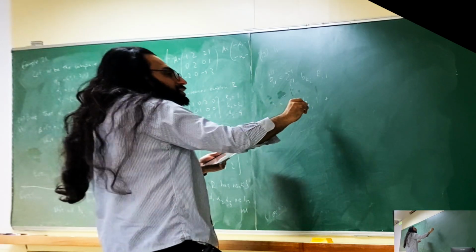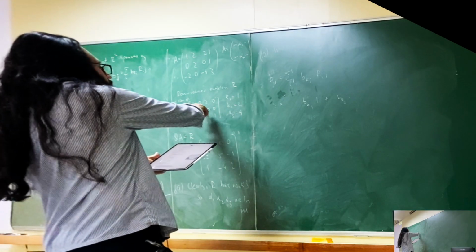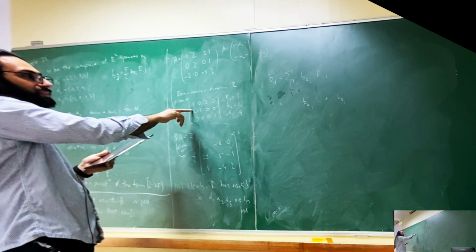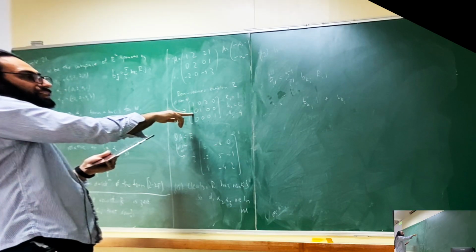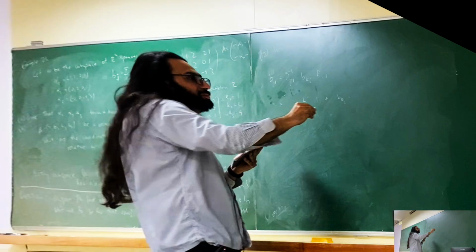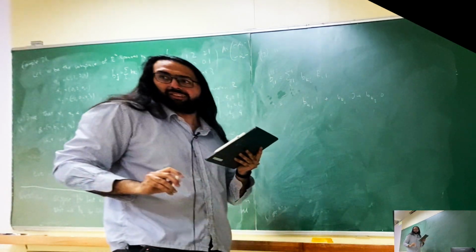Plus Vk2 times Ri2. So I'm now looking at the ith row, then the next row is 0, and the last row is 0. Right? This is going to be 0 plus. Is that okay?